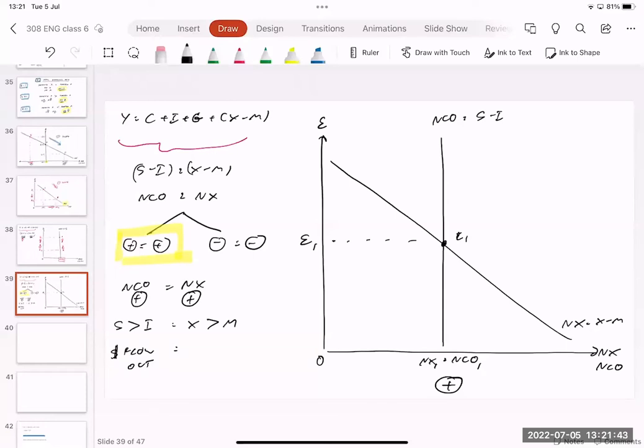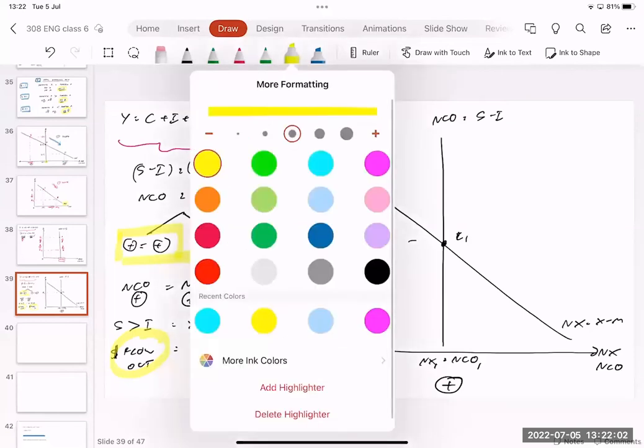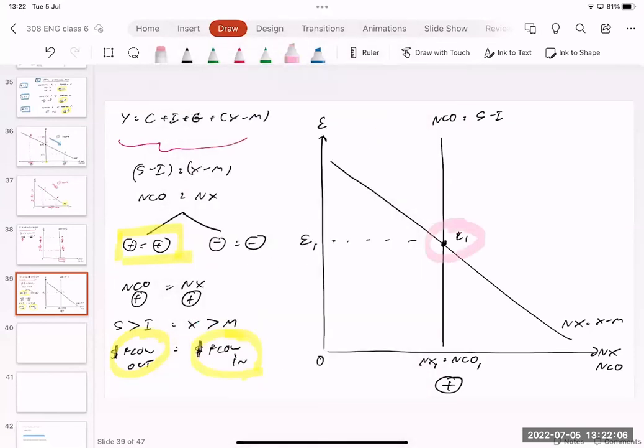We export a lot, so we earn a lot of money from the rest of the world. The money is going to flow in. You got it? So we have money flowing out equal to money flowing in, which is the equilibrium point E1, where NX equals NCO. So far so good.